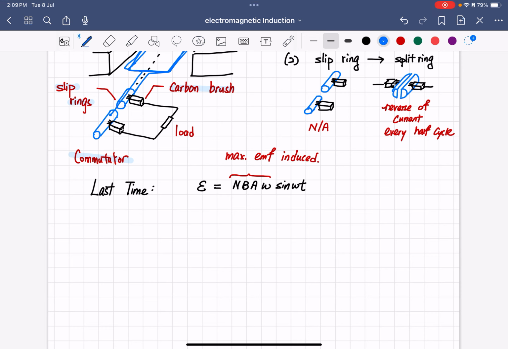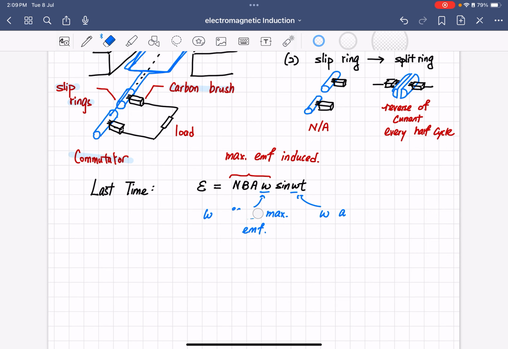And we have to pay attention to the fact that omega appears twice. So omega can affect the maximum EMF induced. At the same time, it can also affect the period.